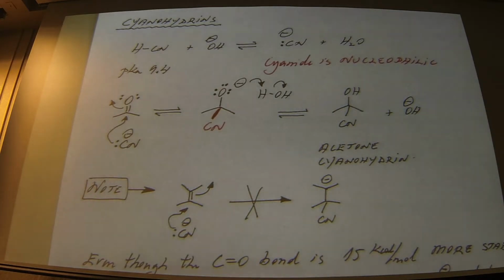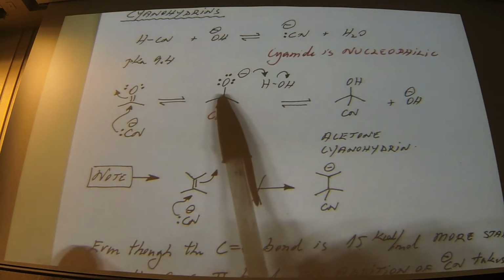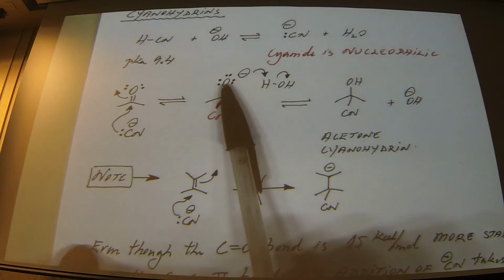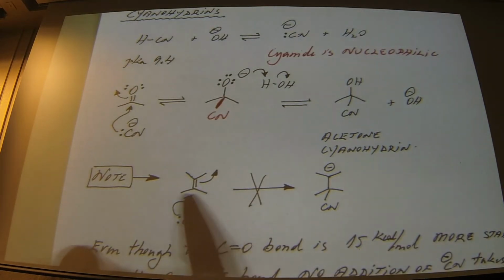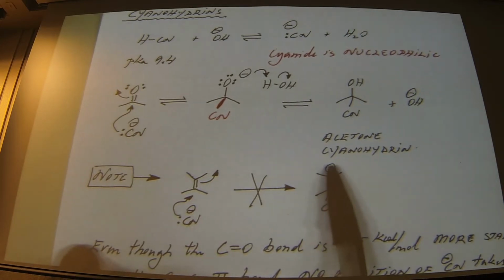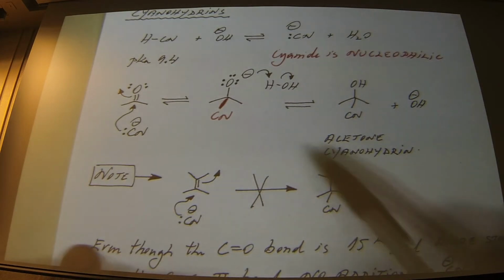The reason, I think you can see, is that the transition state leading to this compound is stabilized because there's negative charge developing on an electronegative oxygen atom. The transition state that would lead to this other compound, which doesn't happen, would have a negative charge developing on a carbon atom. This would be a very, very strong base, with a conjugate acid pKa of over 50. And so, of course, this doesn't happen, and that does.